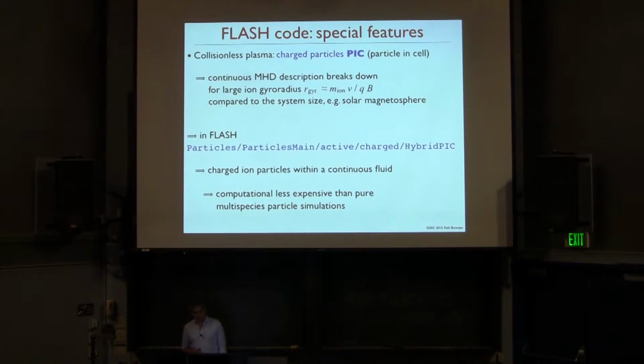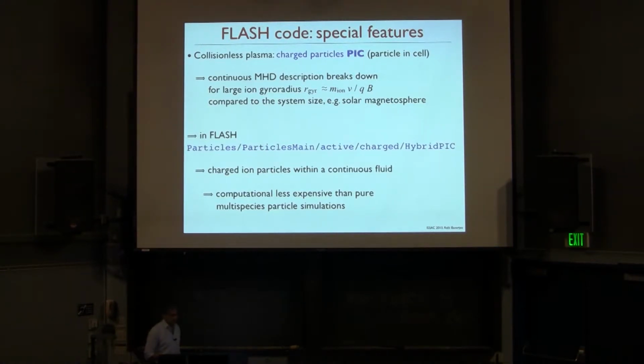And I guess this is the last module I want to bring to your attention. This question was already raised, whether you can also treat particles in a cell, because there might be circumstances where your continuous description, talking about continuous densities when you talk about fluid motions, might break down.